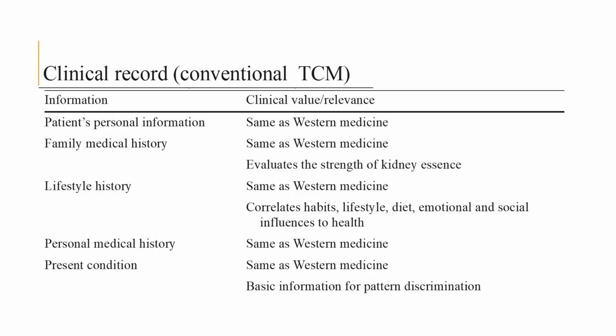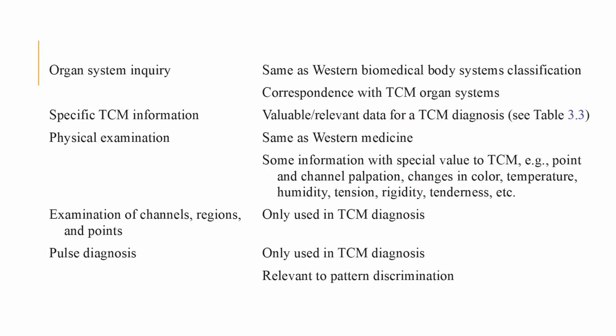For the lifestyle history, the clinical value, same as Western medicine, correlates habits, lifestyle, diet, emotional, and social influence to health. For the personal medical history, the clinical value is same as Western medicine. The present conditions, same as Western medicine. It is the basic information for pattern discrimination.